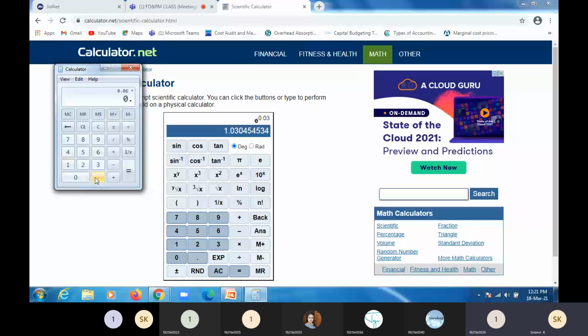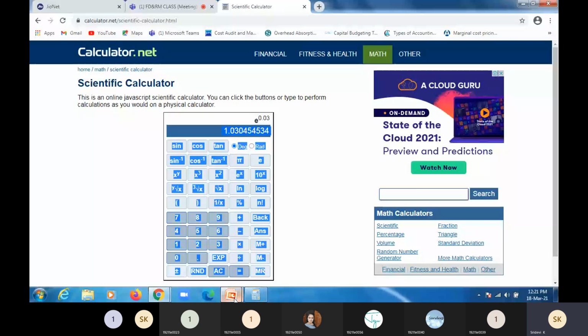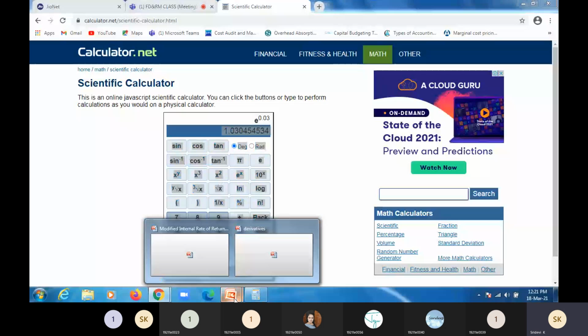Okay, 0.03 I got. You might have taken 0.05. Then yes, you would get a different value. Okay, so 0.03 is the result. So here you can see the answer. I am highlighting 1.0304, which I have shown directly on the screen.